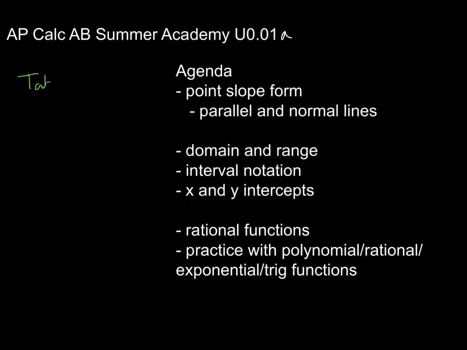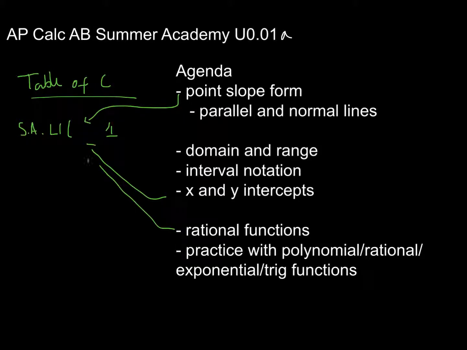Here's a basic look at how it will appear. Here's your table of contents. Your first entry would be Summer Academy Lesson 1, on page 1. If you want, you could add a few things to tell you what's in it, like point slope form, x and y intercepts, rational functions, whatever.